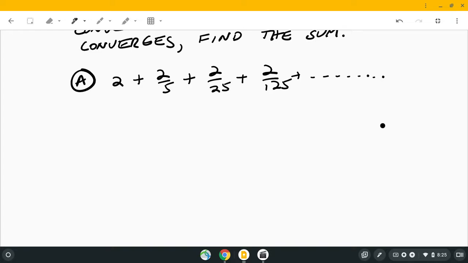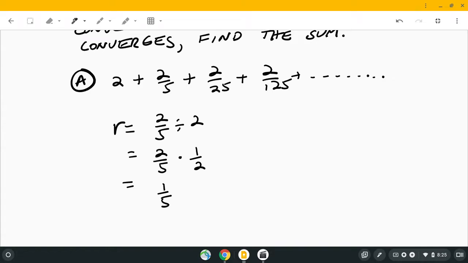So R is 2/5 divided by 2. 2/5 times the reciprocal, and we get 1/5. So R equals 1/5.